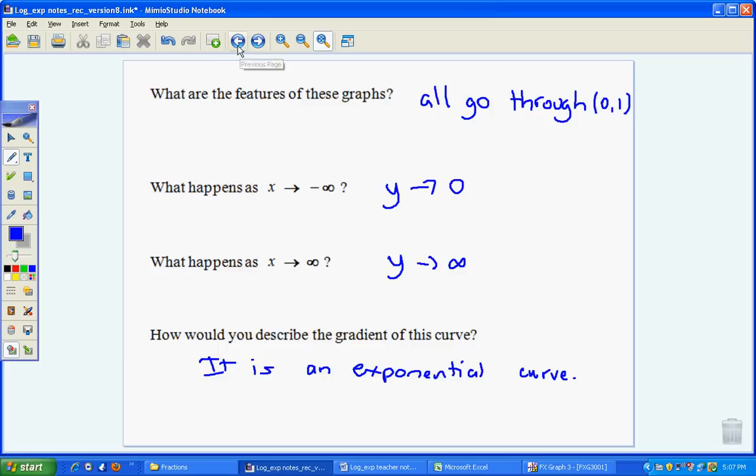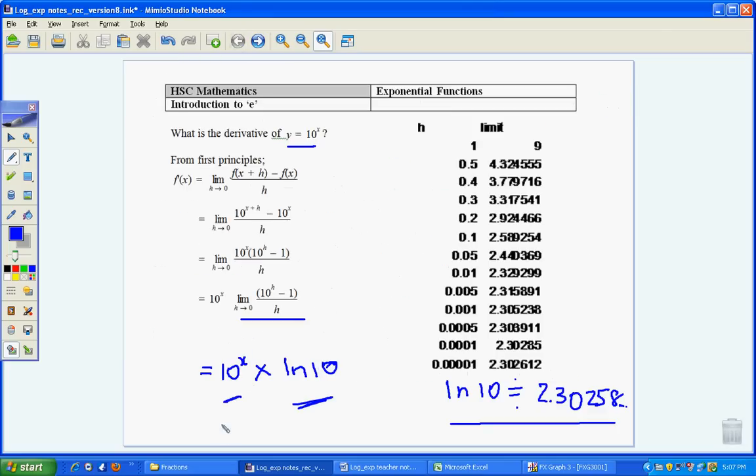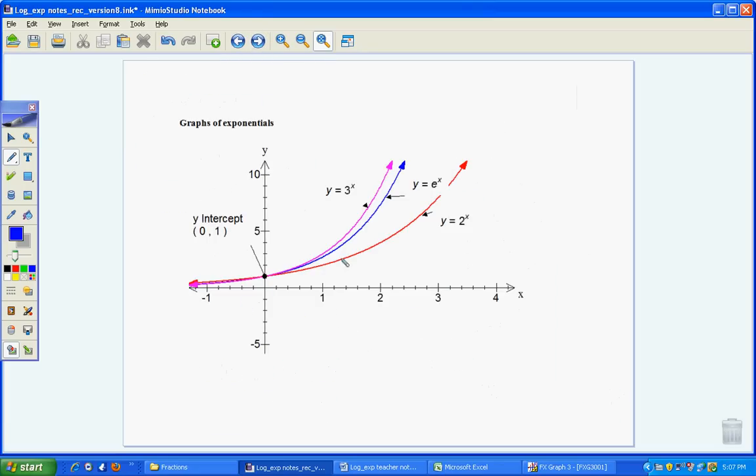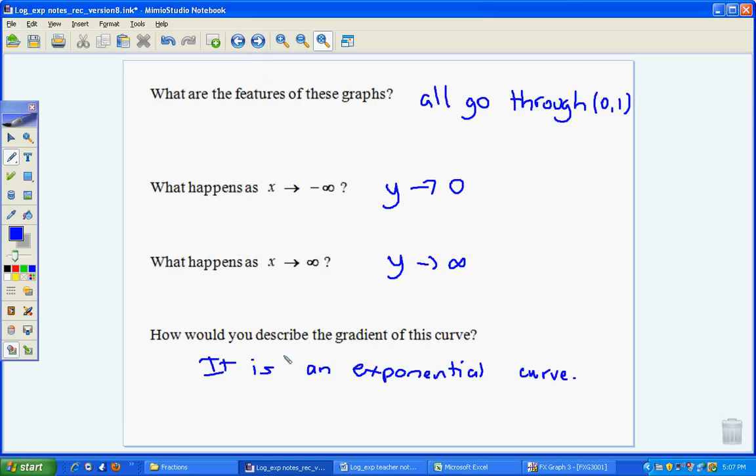Going back to what we just did, the derivative of 10 to the power of x is 10 to the power of x times some number, which means the gradient function is also an exponential curve. That's what's really important to bring out: the gradients of exponential curves are also exponential curves.